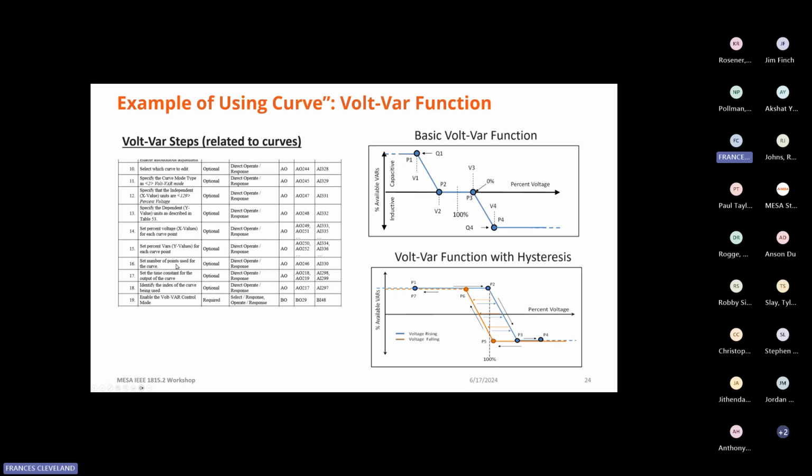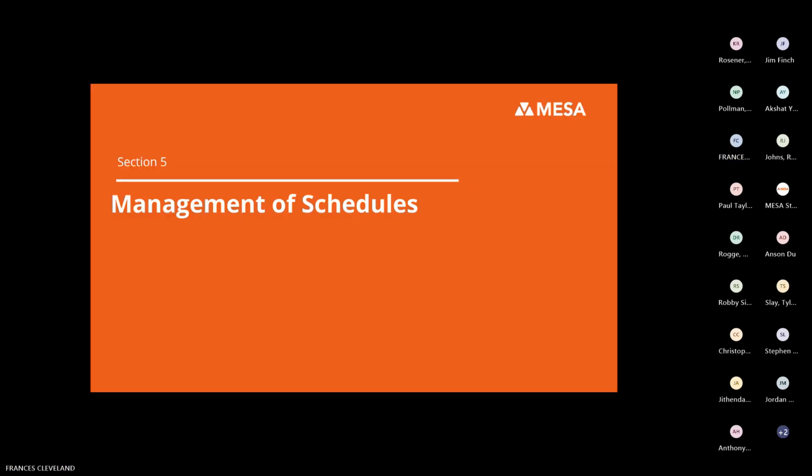And then you set the number of points used for the curve, and then some other items associated with curves. And then you enable the volt-var function. So this is how you use curves where you have an undefined number of points associated with a particular function. You just use them again and again and again by selecting different blocks of them. Okay, any questions again on curves?